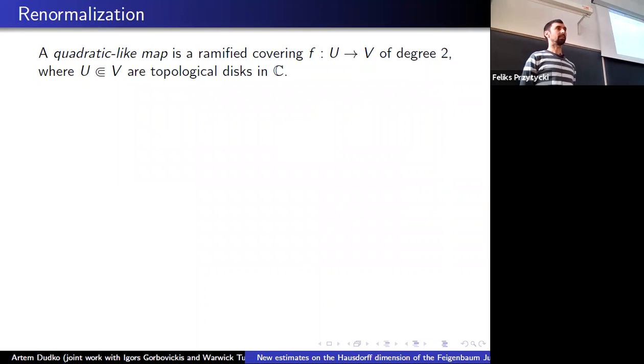So basically we have just one critical point and a map of degree 2 in this definition. And if we have an open domain which does not contain the critical value, we can take its preimages and have two preimages under our map. So this is what ramified means in this context.